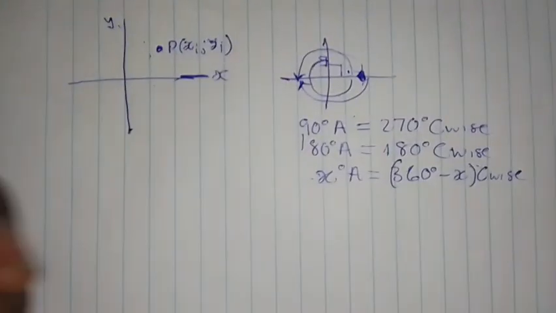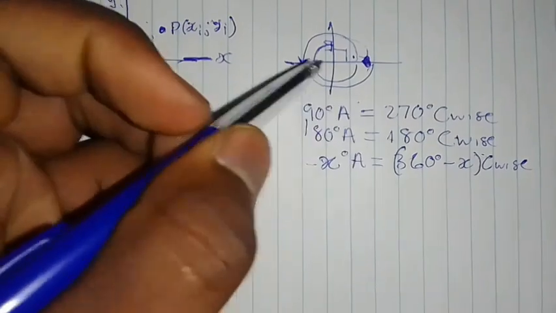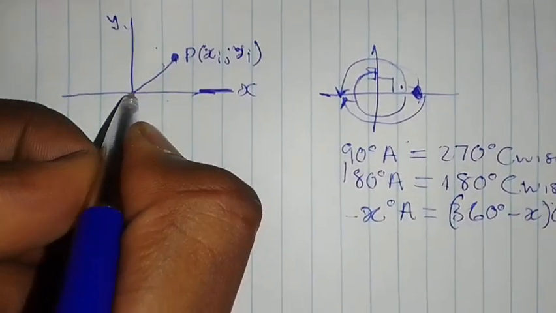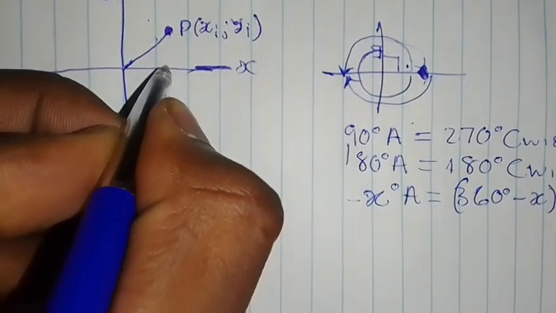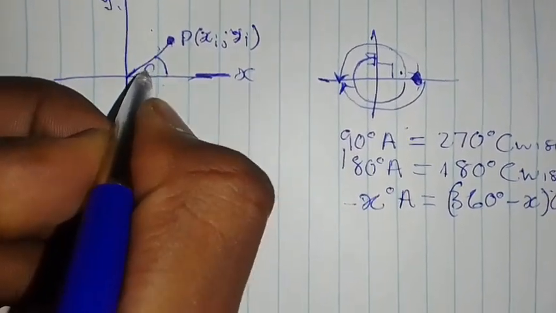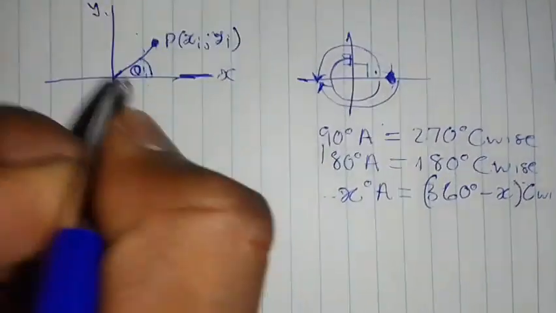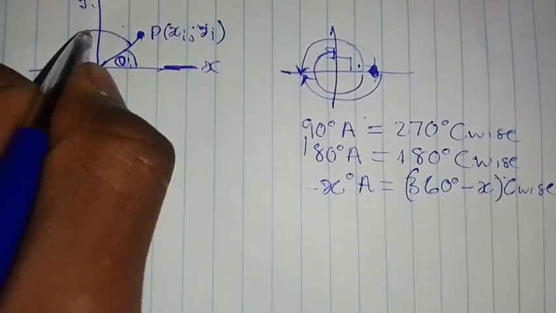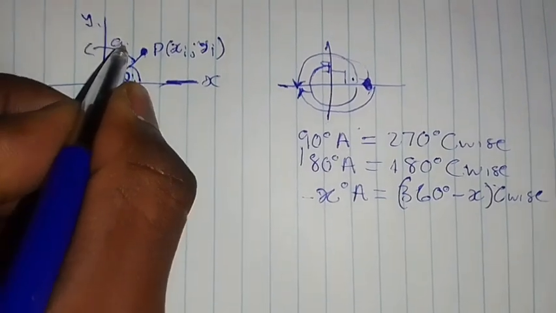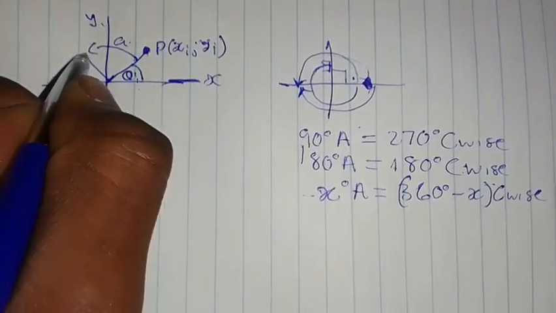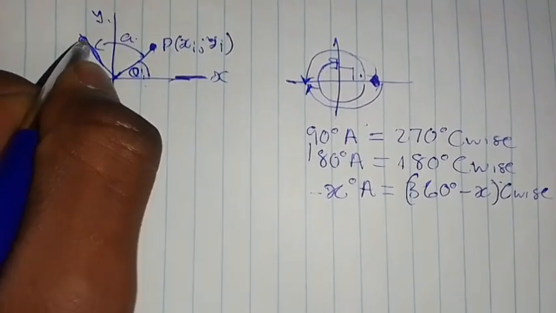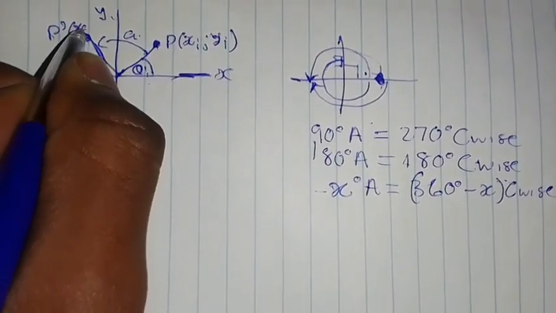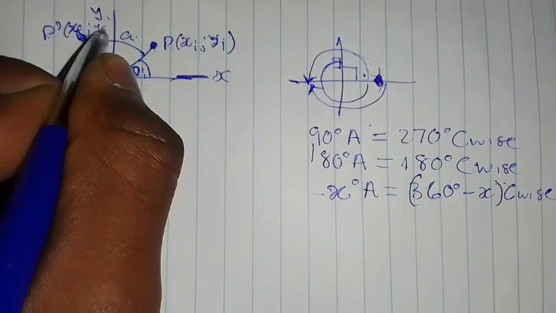Now I'm going to measure my angles anti-clockwise because that's how angles are measured. With respect to the x-axis, you're going to have an initial angle here. When you rotate that point, you have to add some rotational angle, which I'm just going to call A, and then you're going to have a translated point xf and yf.